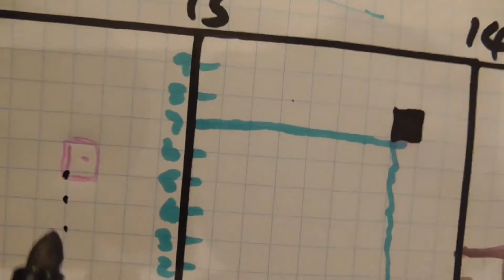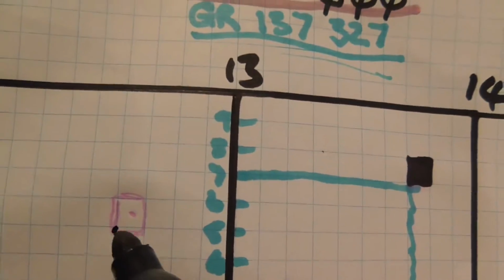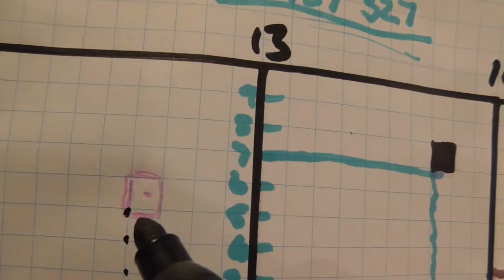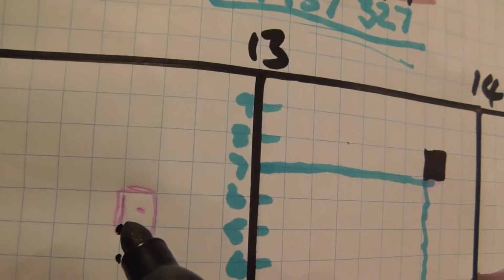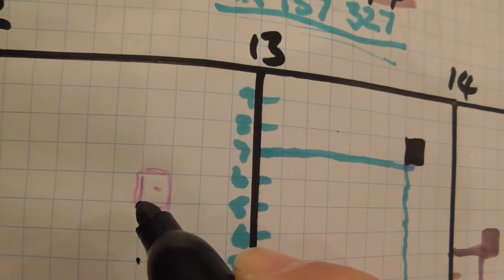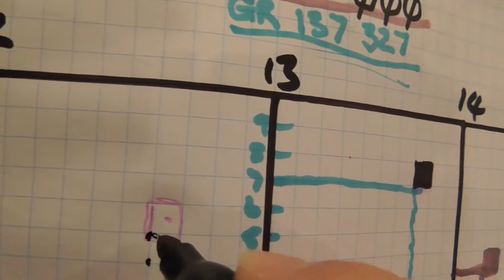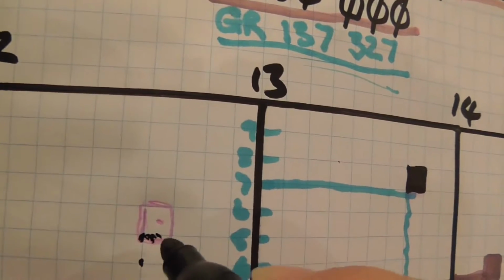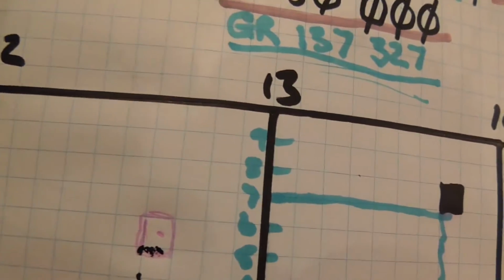I'm going to come in a little bit closer to the camera. We'd go across, and in this case, we're going to have to guesstimate it. So we'd come across, and it'll be about 1, 2, 3, 4, 5, 6, about 6 across.